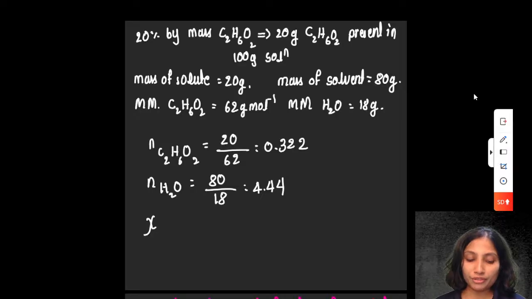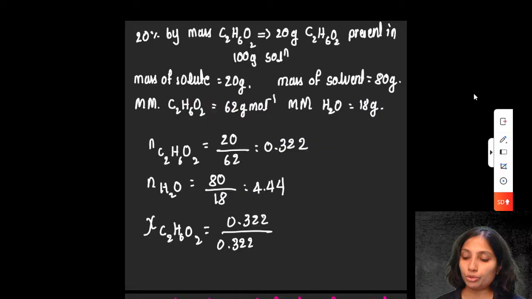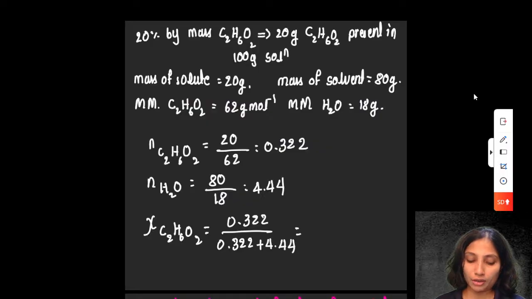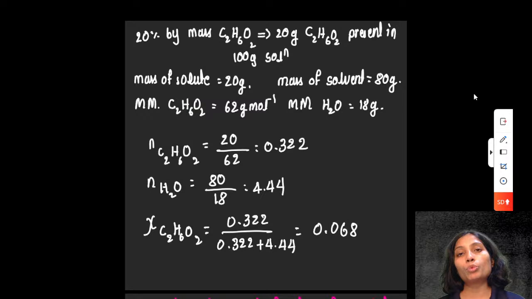Mole fraction of C2H6O2 is equal to number of moles of ethylene glycol divided by total number of moles, 0.322 plus 4.44, which is equal to, how much do you get? 0.068. This is the mole fraction.